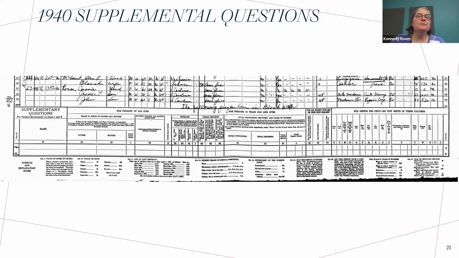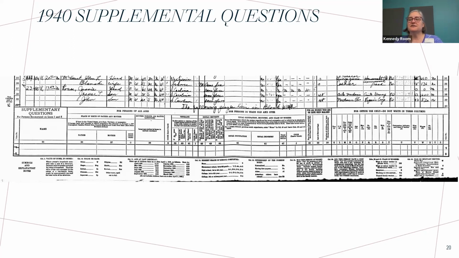Anyway, on the supplemental questions, they only asked 2 people on each page in 1940 the additional questions. But this is where they asked for the place of birth of father and mother, the mother tongue, veterans. Is this person a veteran of the US military forces, or the wife, widow, or under 15-year-old child of a veteran?